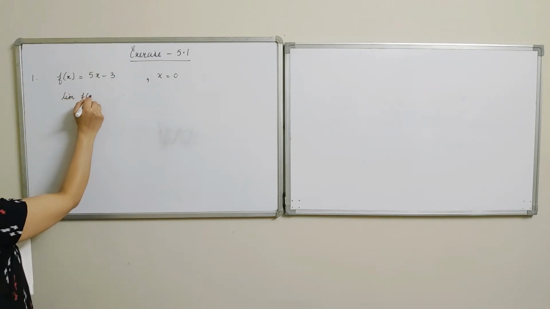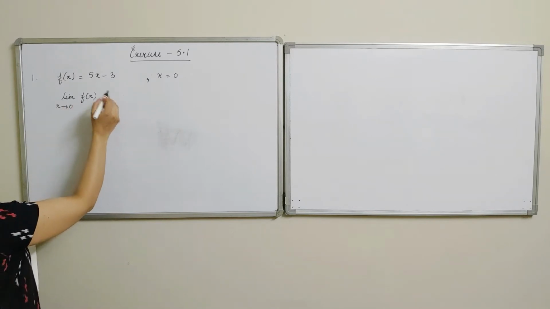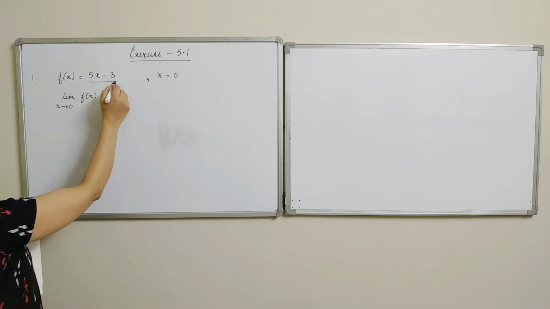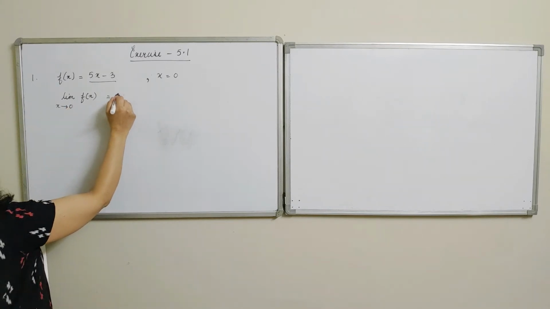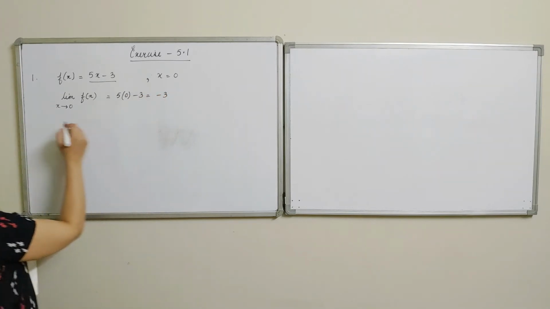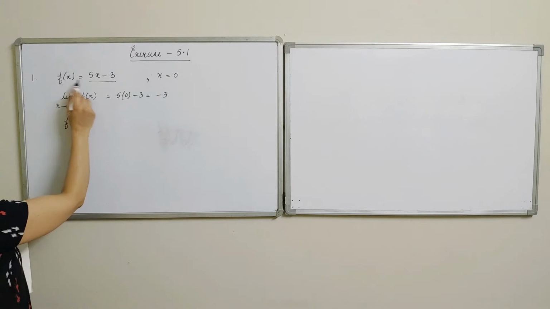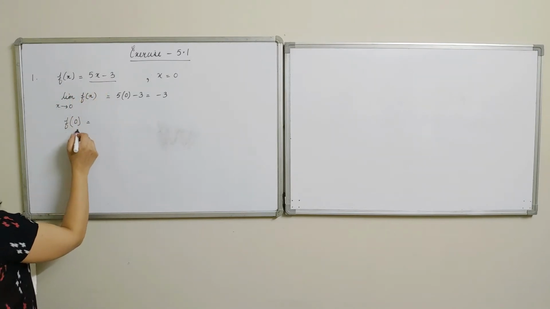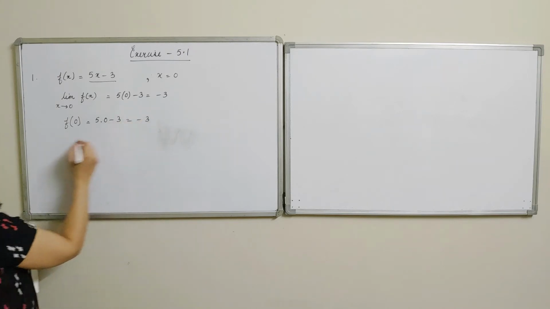Here the function is a polynomial function, so we directly substitute the value of x, which is 0, and the value turns out to be -3. Similarly, let us evaluate f(0). If f(x) is 5x minus 3, f(0) would be 5 into 0 minus 3, which is -3.